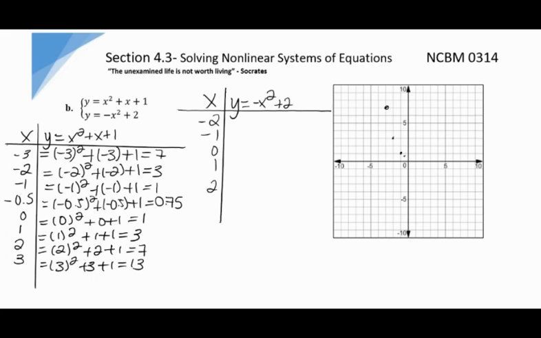And then we have 0 comma 1, which is here. 1 comma 3. 1, 2, 3. And then we have 2 comma 7. This is a parabola. So we connect the points.